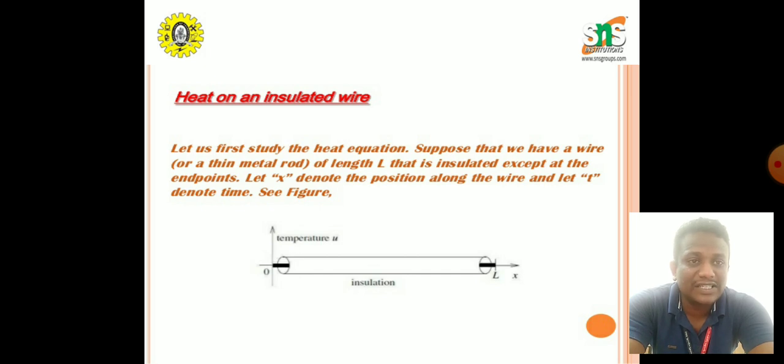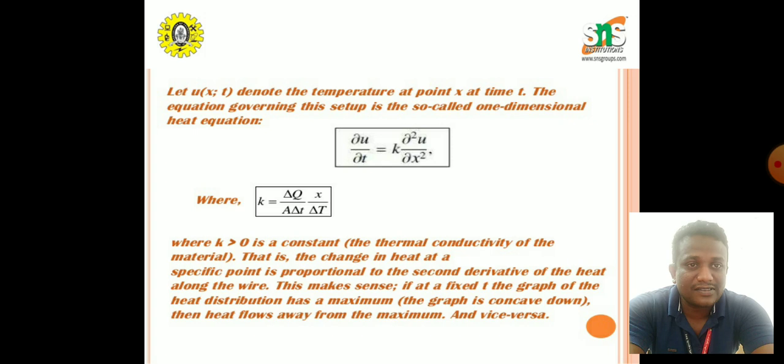Let x denote the position along the wire and let t denote the time. See the figure now. Here we have an object. We are going to heat this object, okay, at the origin. The heat is insulated in that material. Then we are going to apply the Fourier series concept in this process.